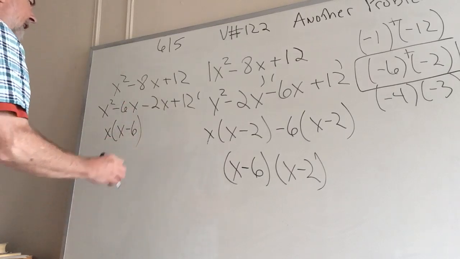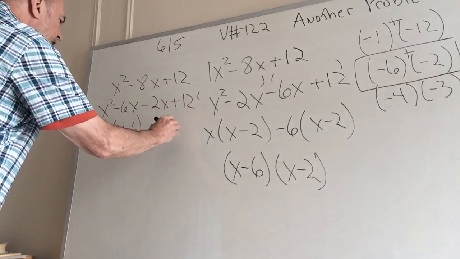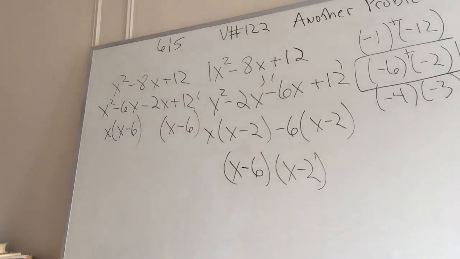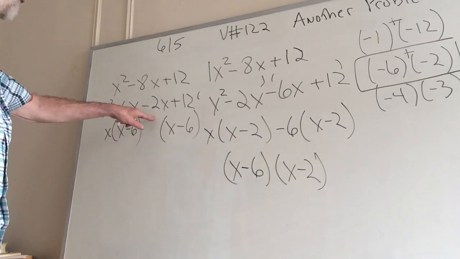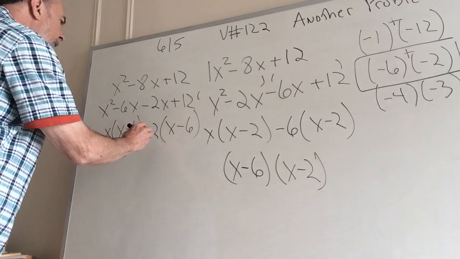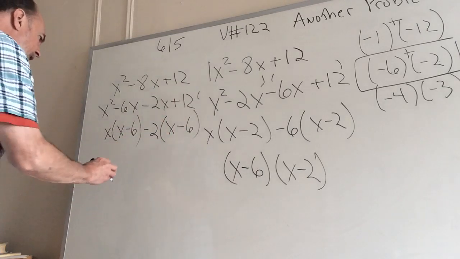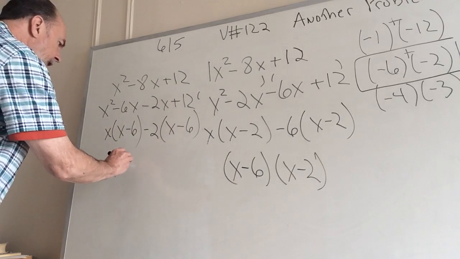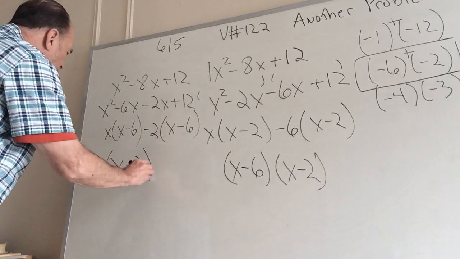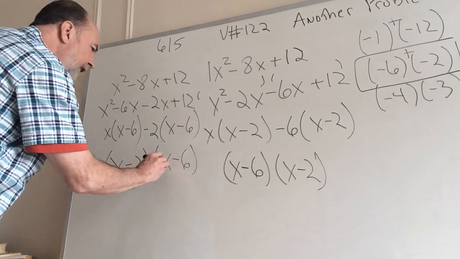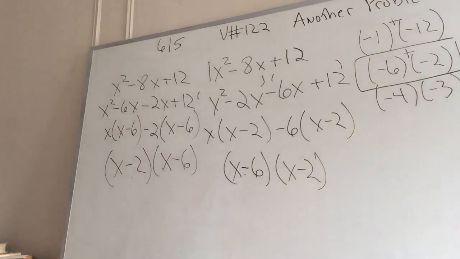Okay? And this has to be the same thing. So this is what I did last time. And this is what you'll end up doing when the problems are a little more complicated. Okay? So what has to go here to reproduce this? A negative 2. This either works or it doesn't work, but negative 2 times negative 6 is 12. So there I did it the other way around. I changed the order, but it really is totally meaningless, since this times this equals this times this. And there it is again, done both ways.